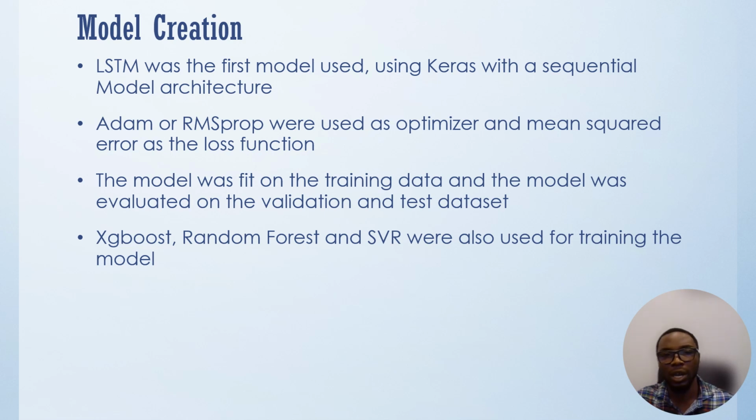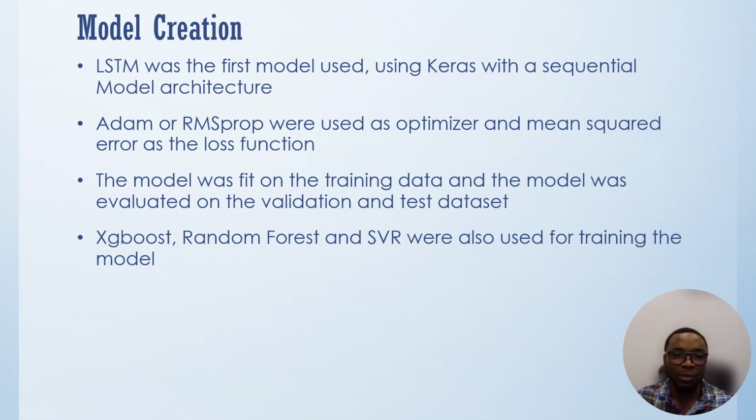The first model we're going to use is the LSTM, using Keras with a sequential model architecture. Some of the optimizers we're going to use are Adam and RMSprop. We're going to fit the training data into the model, then evaluate and make the different plots.